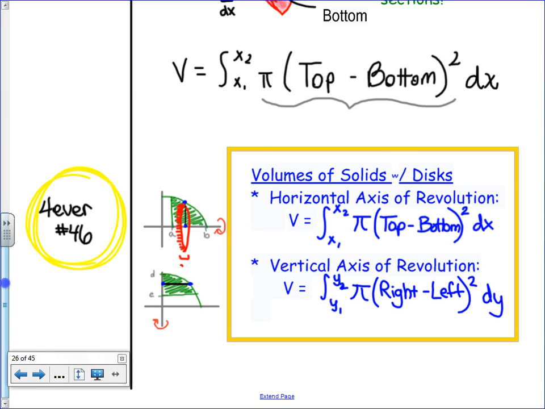Maybe that's easier than just memorizing that horizontal axes of revolution are always going to be dx and vertical axes are going to be dy. Maybe the circle helps, maybe it doesn't. I'll try to sketch sometimes, but do you need to sketch all the time? No, but it can definitely help.